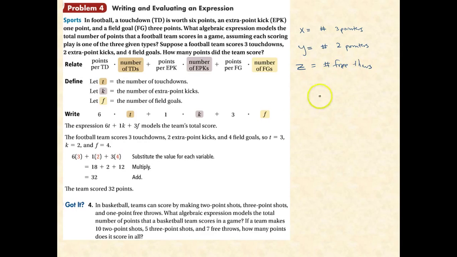So then our score would be 3 times the number of 3-pointers plus 2 times the number of 2-pointers plus 1 times the number of free throws.